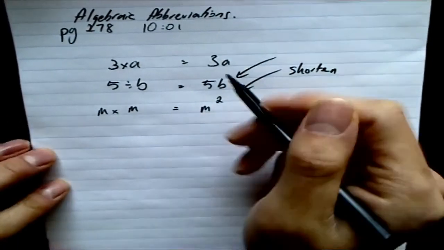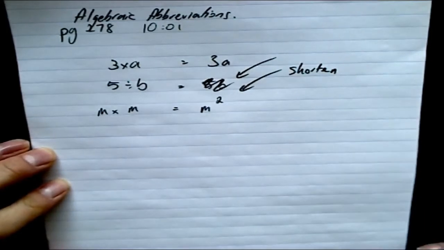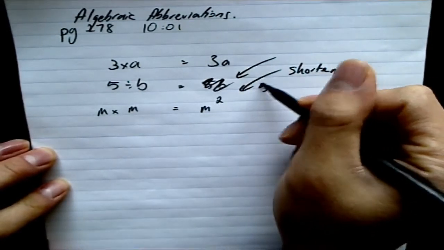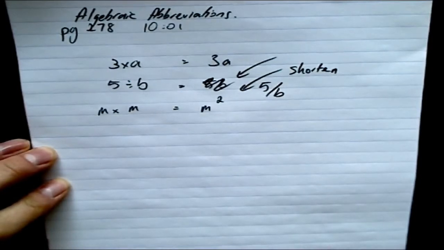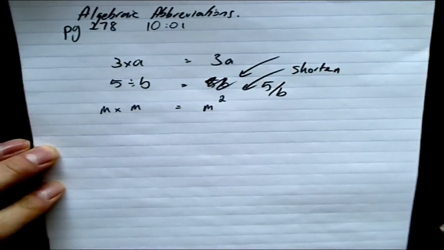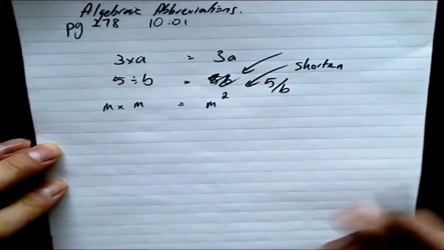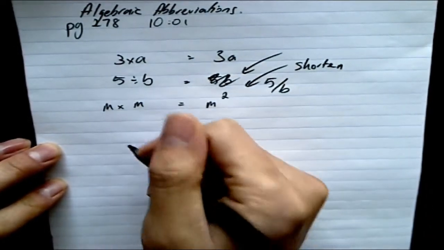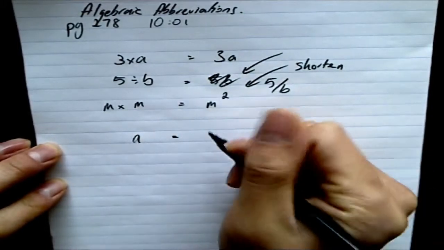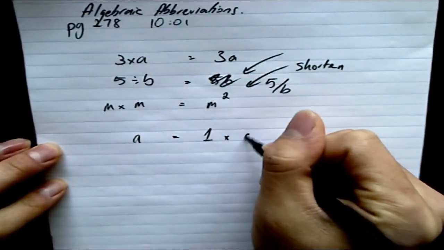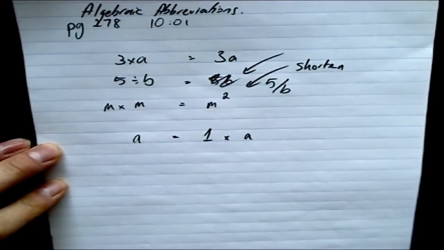Now, whoops, that should be a 5 divided by b. Alright, so a few things that you'll need to know is that in algebra, whenever we have a single letter, so the letter A, it means we have one lot of them, and that's all.